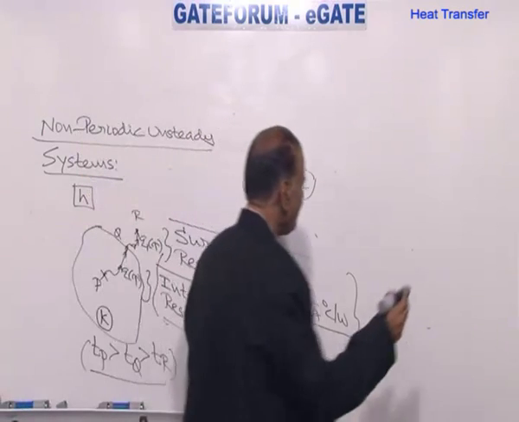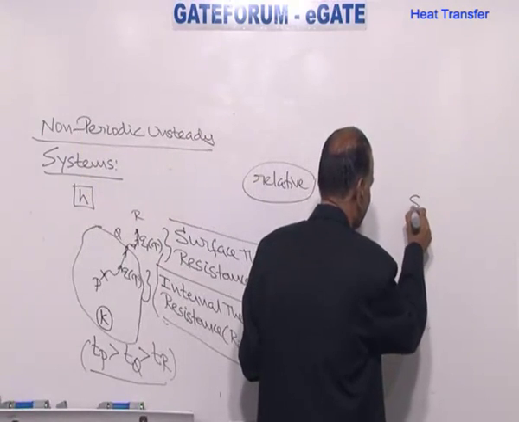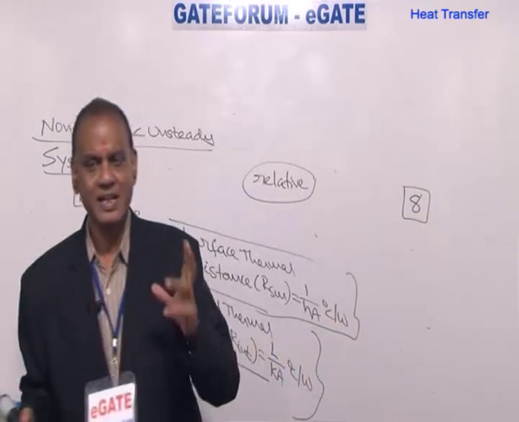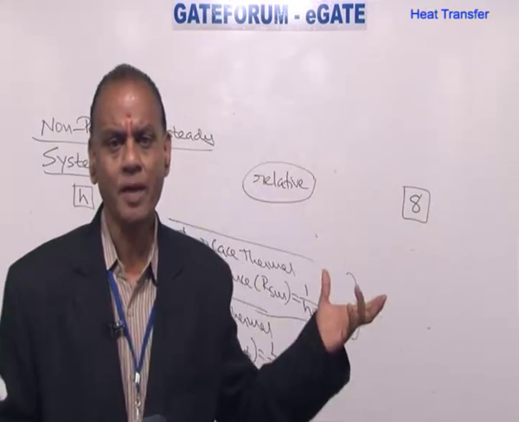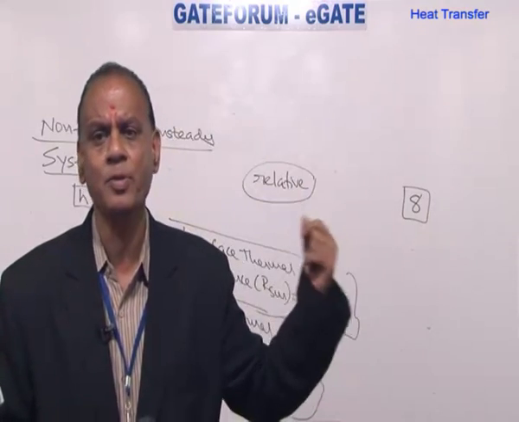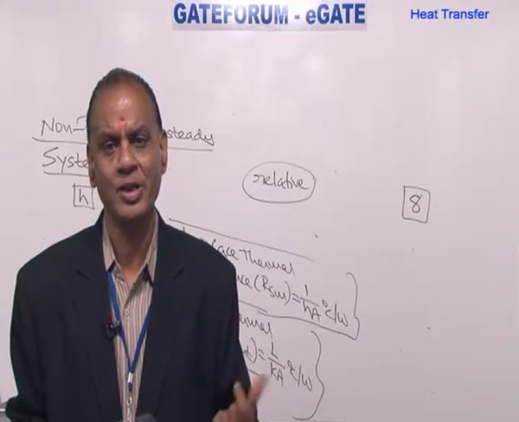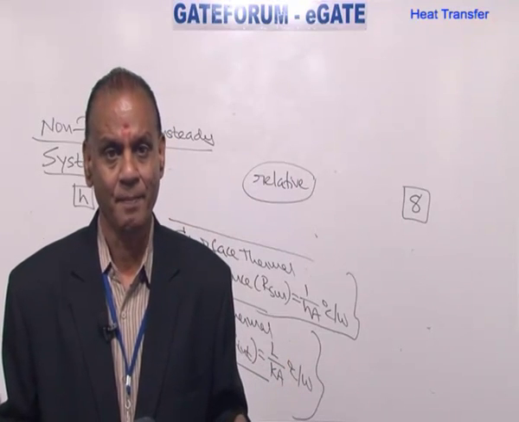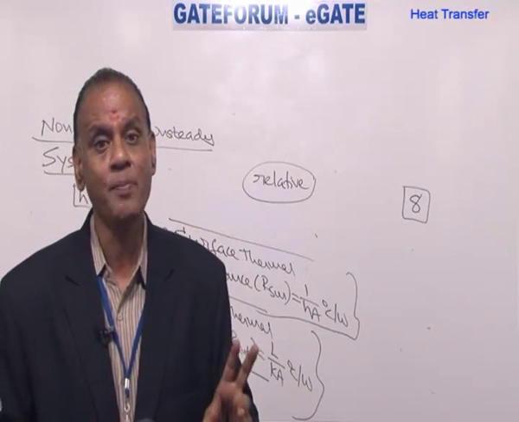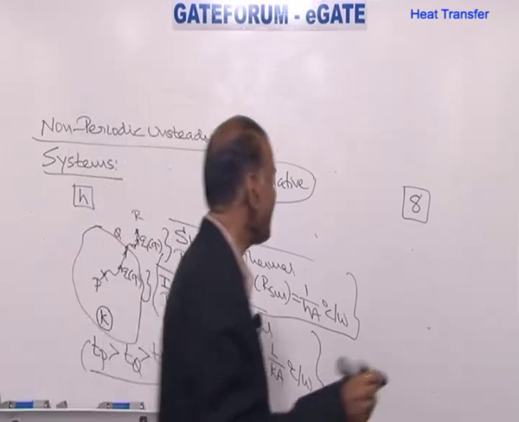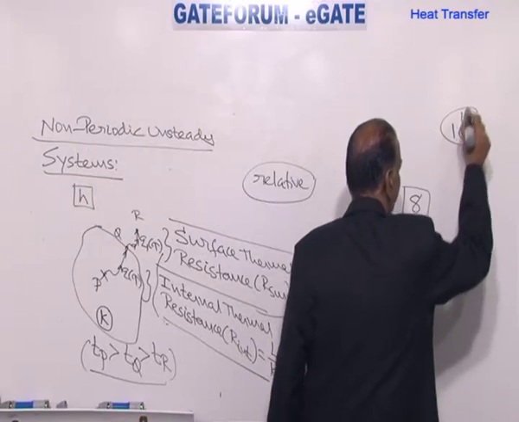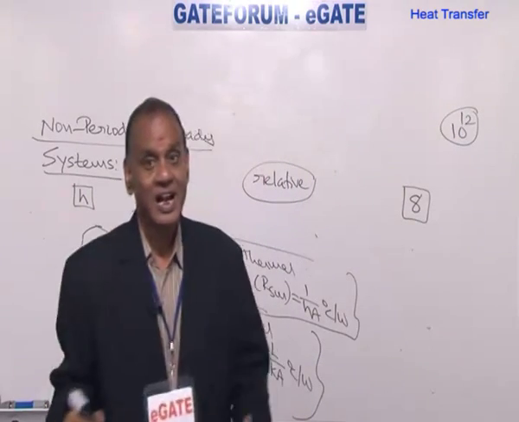As an example, if I look at a number like 8, some number is given to me. If I look at it absolutely, we cannot comment anything about that 8. Absolutely no comparison. 8 may be anything. But when I make a relative comparison of this 8 with a number like 10 power 12, 8 becomes insignificant.